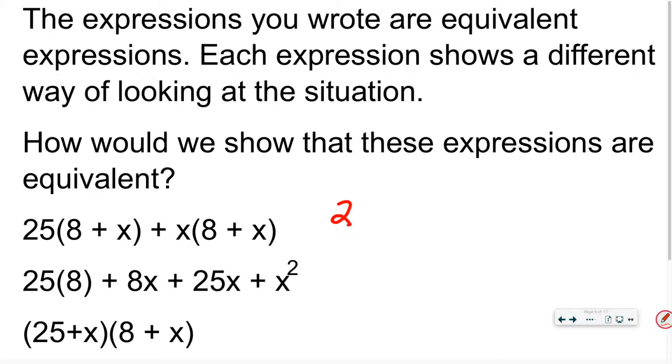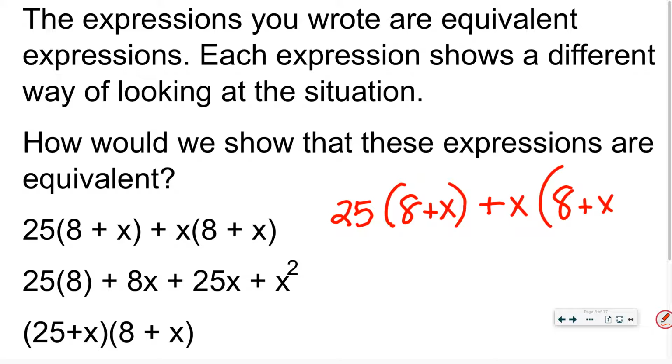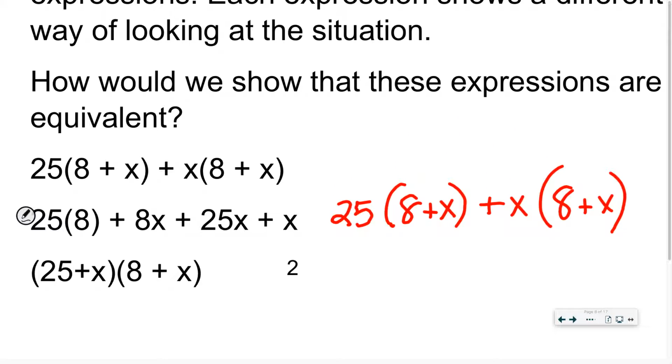We have 25 parentheses 8 plus x times 8 plus x. How can I simplify this? Jaden. Okay, I can combine my like terms. What terms are like that I could combine right now?